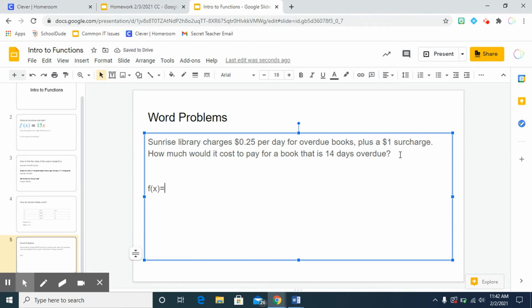And to decompose this word problem, I'm going to ask myself, I want to find my coefficient, which means that there's got to be one of these words that happens every day or for each something, or usually it'll have some sort of wording where it involves per something. So 25 cents per day means that it's going to be 0.25x and plus a $1 surcharge, so plus 1.